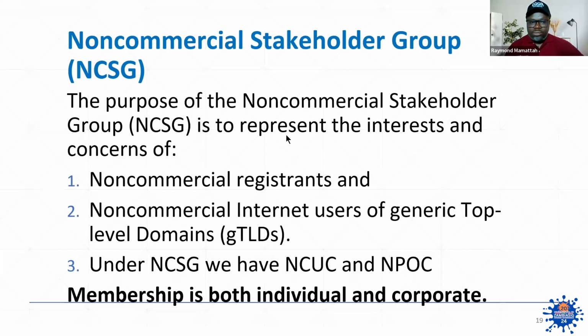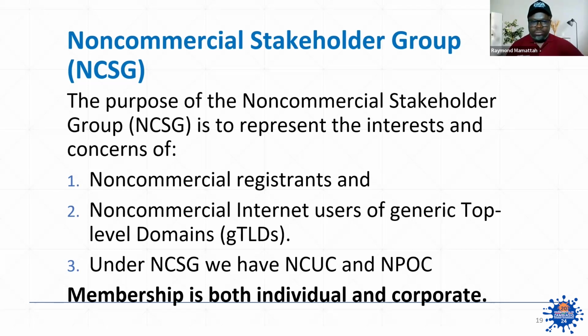The purpose of the NCSG is to represent the interests of non-commercial registrants and non-commercial users. The NCSG has two groupings under it: the NCUC, for individual end users and organizational reps, and the NPOC, which is strictly for organizational reps only. If you are not an organization, you cannot join NPOC as an individual.